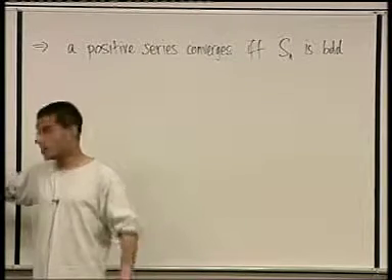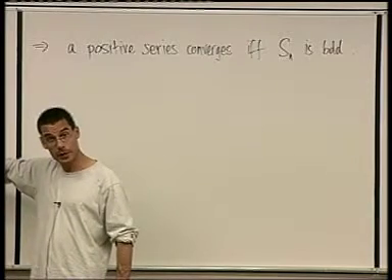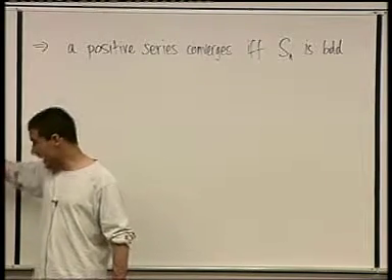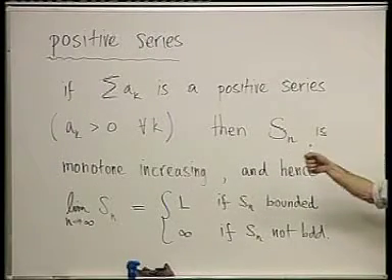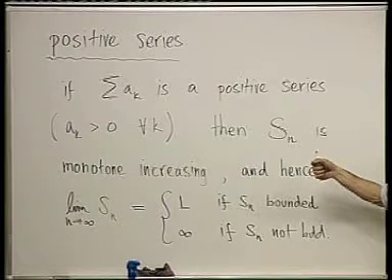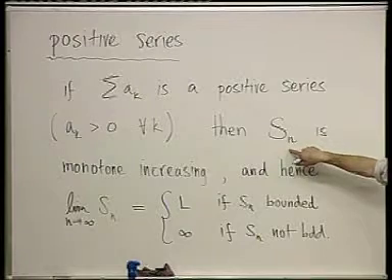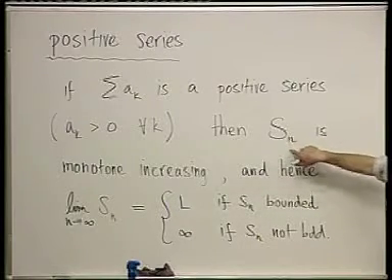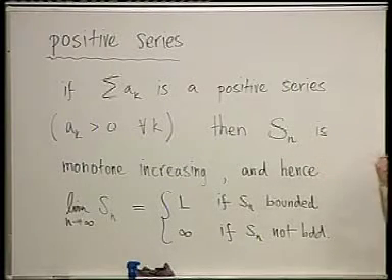It's not just any sequence. It's a sequence of the partial sums of the series. You keep adding. Sn is the sum of the first n terms in the partial sum. Yes, if the terms are between, not the terms, they're sums. Not the ANs, the SNs. So, okay, I don't understand your question.